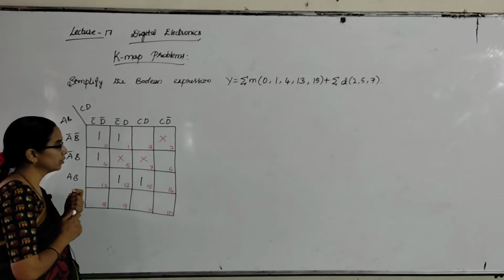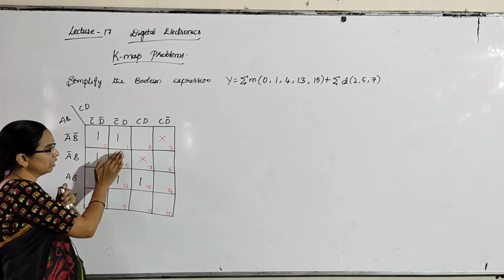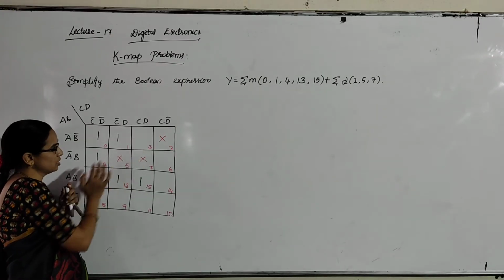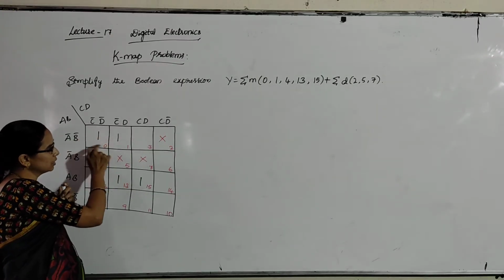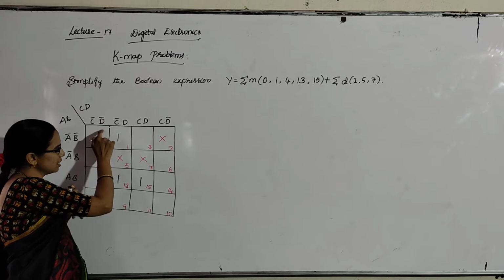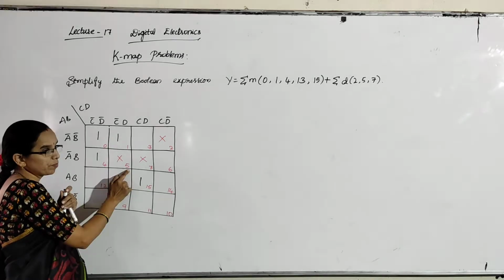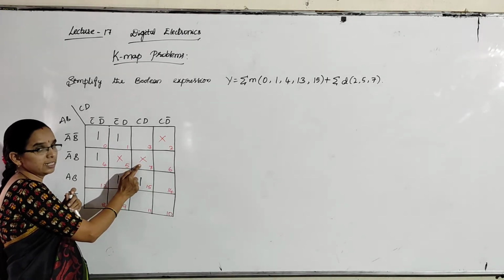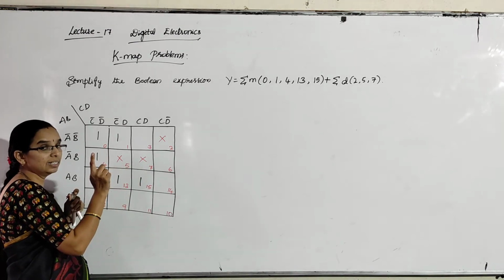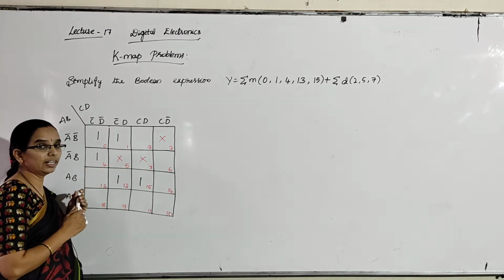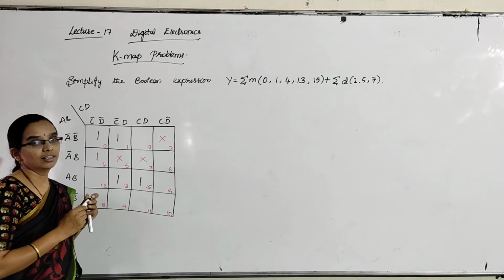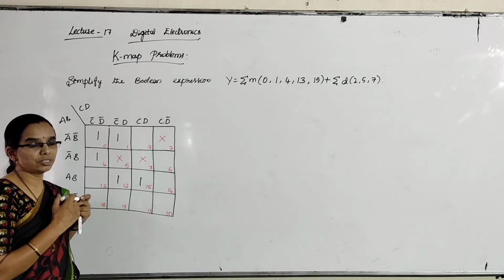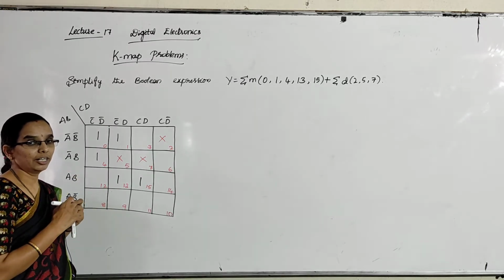So here, if I don't have don't care conditions, I should take this as a pair, this as a pair and this as a pair. But these two don't care conditions, if I consider them as 1, then it is convenient for me to simplify the expression even further.